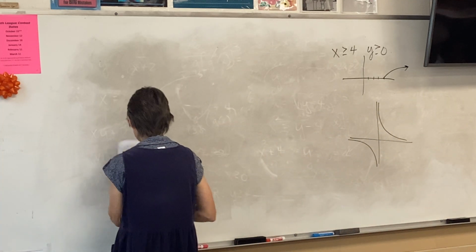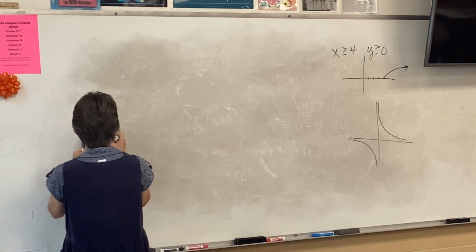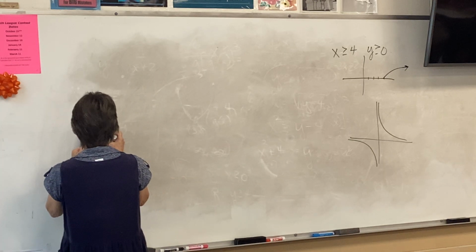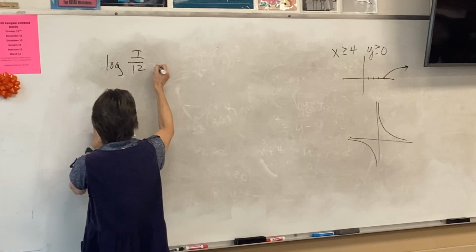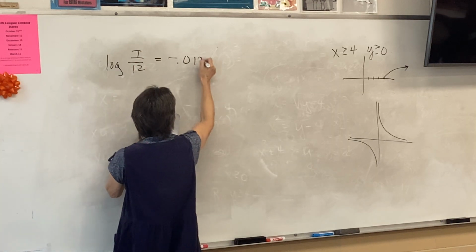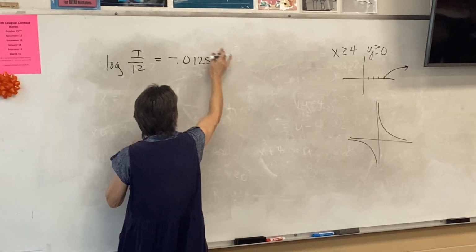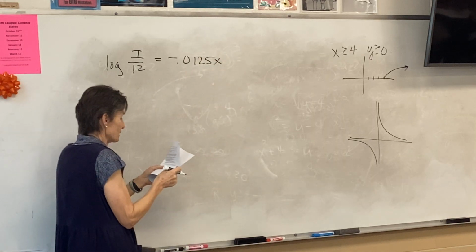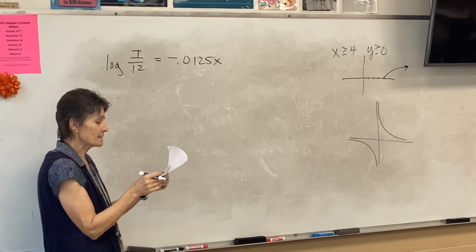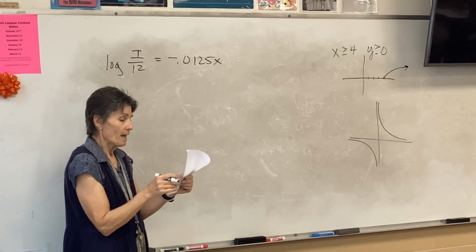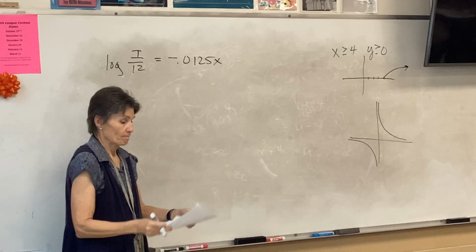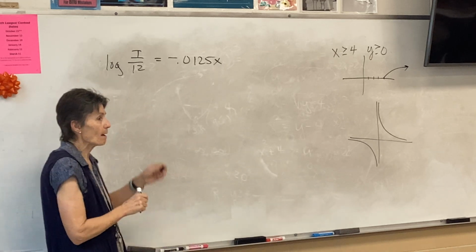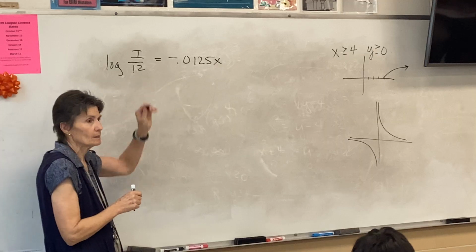The relationship between intensity at a depth of x feet is given by this equation. You may have actually done this problem, but that's okay. So what is the intensity at a depth of 40 feet? I have my equation given to me.